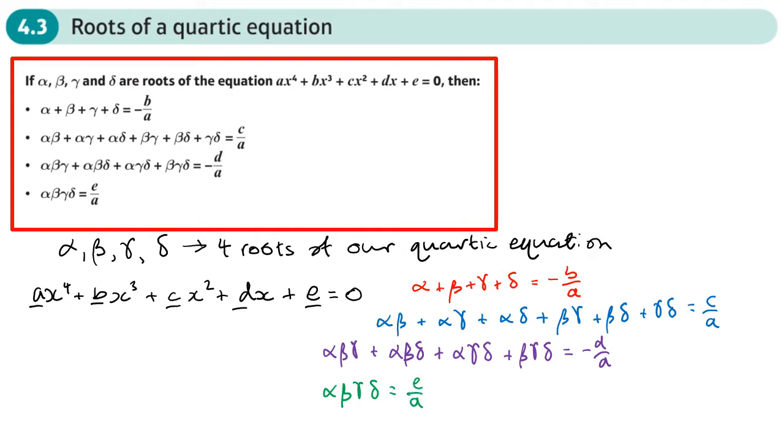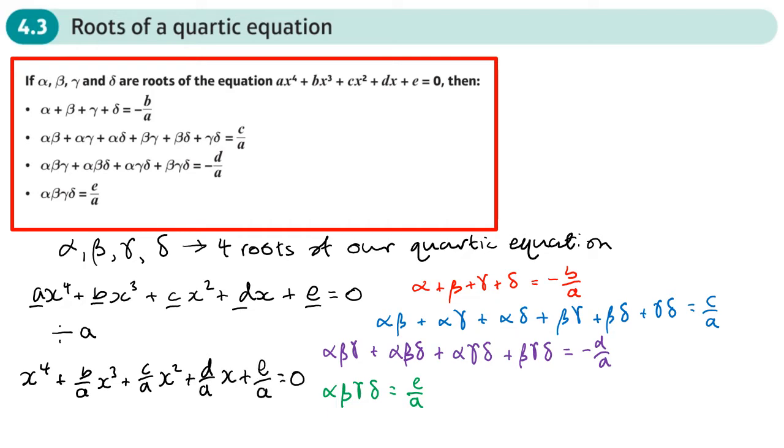Now, like previously, what we might want to do is divide everything through by a, so that we have x to the power 4 plus b over a x cubed plus c over a x squared plus d over a x plus e over a equals 0.